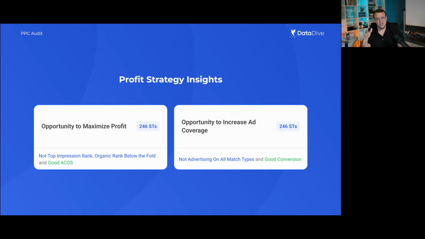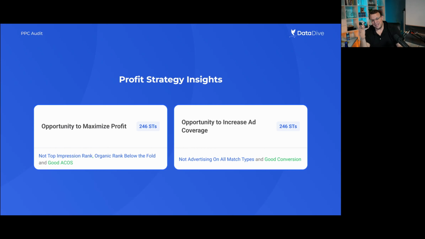So just because it shows up here doesn't mean you need to go turn on all these different match types either. So you need to ask yourself, have I tested these other campaigns since I most recently changed my content? Is this going to help me with my impression rank? If I'm already impression rank 1 or 2, maybe I don't want to go turn on that phrase campaign.